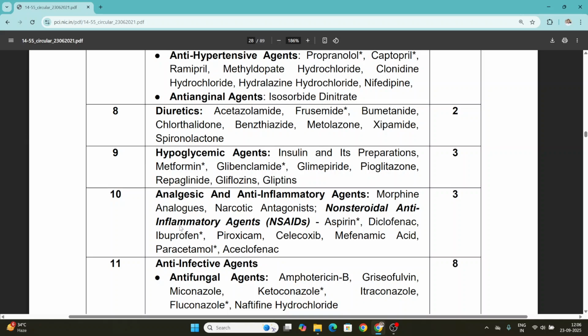Hypoglycemic agents or anti-diabetic medicines: insulin and its preparations, metformin, glibenclamide, glimepiride, pioglitazone, repaglinide, gliflozins, and gliptins.